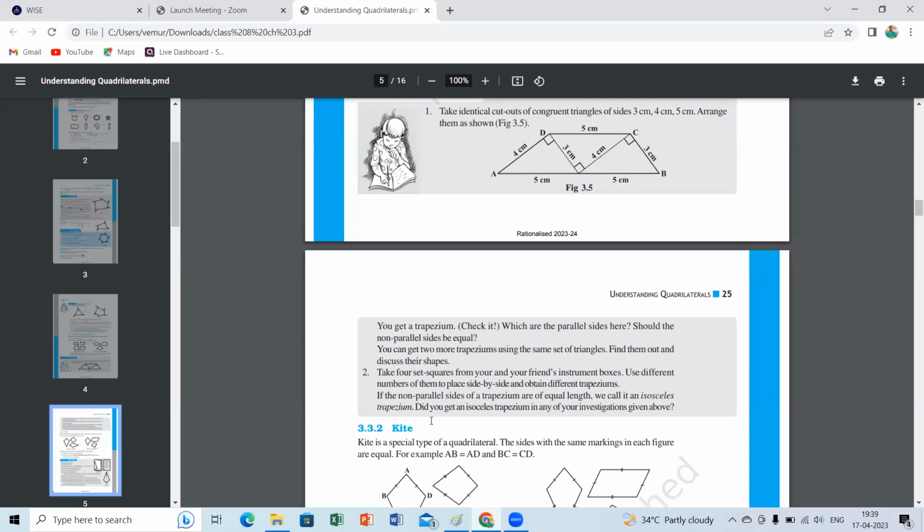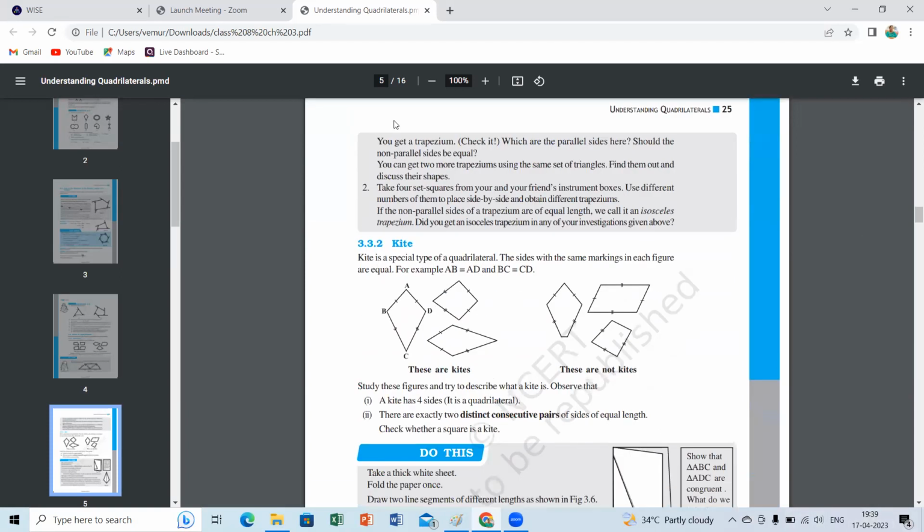If you have only one set square, you can cut 4 cardboard cutouts of your set squares and form shapes differently to see how they look. Find where you are getting an isosceles trapezium and where you are getting non-isosceles trapeziums.